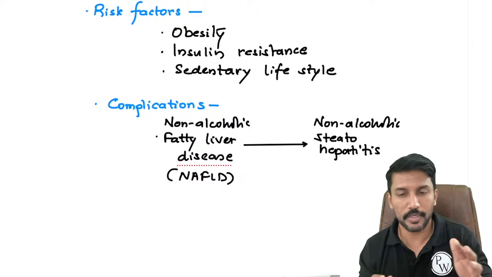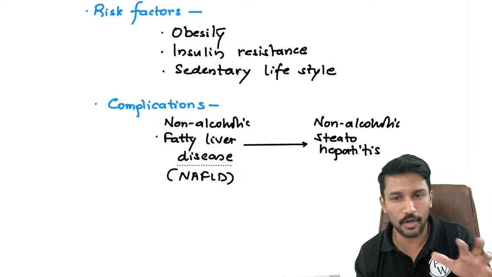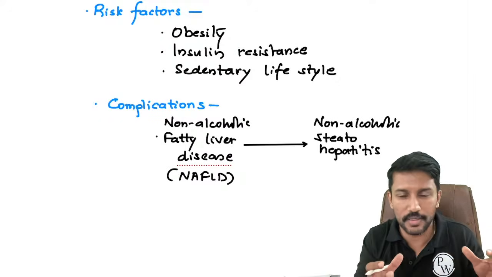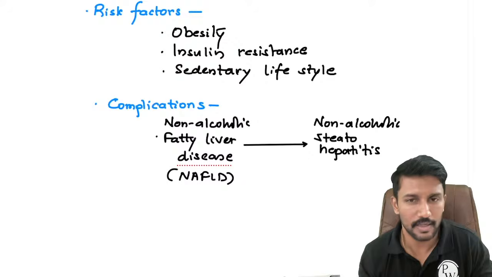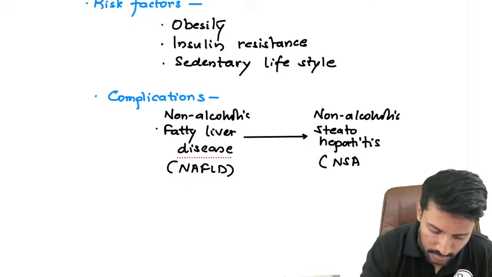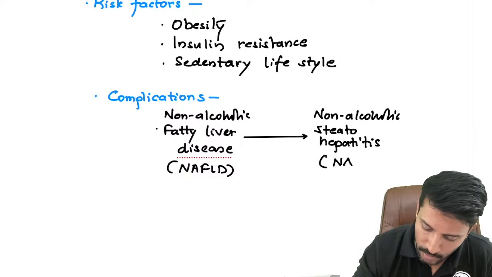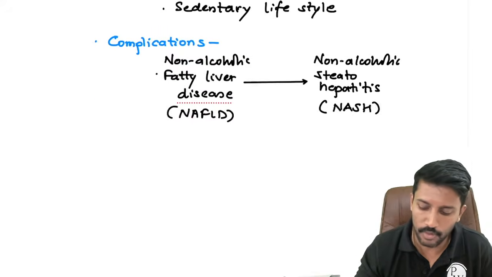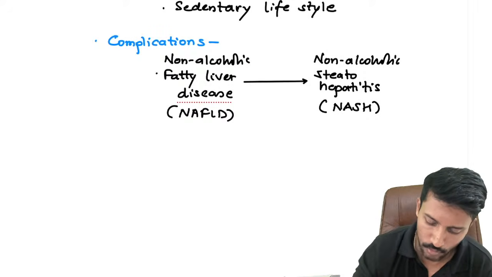So why inflammation is happening? Because the cells are fat loaded, they are being morphologically distorted, and it is triggering the inflammatory response. So at this point of time, we will call it as NASH, right? Non-alcoholic steatohepatitis, or in modern terminologies, we can also call it as MASH, metabolic dysfunction associated steatohepatitis.